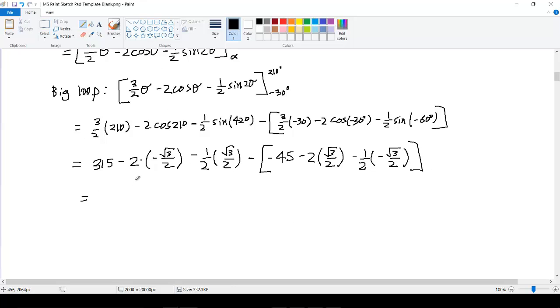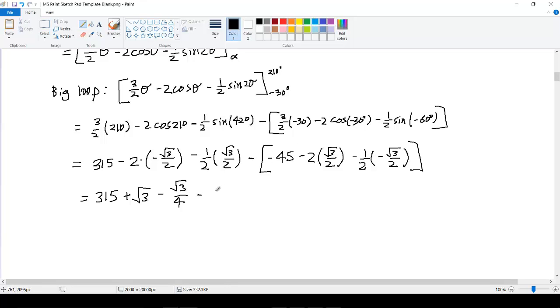So, let's see if there's anything that we can just directly get rid of. This one is minus 2 and minus, so that's positive root 3. And this will be 315. Those will cancel, and that will be plus root 3. This one will be minus root 3 over 4.